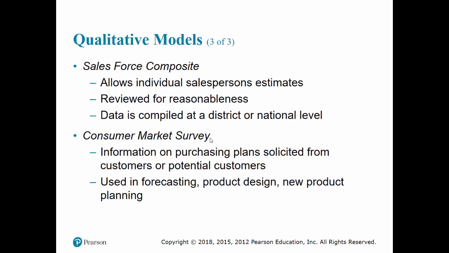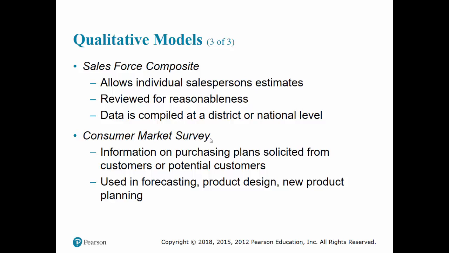Sales force composite is based on the idea that it is the salespersons who will have good and accurate knowledge about what the market will be like in the future. So allow each individual salesperson to contribute their best estimate for how much the sales will be, and then those estimates are reviewed for reasonableness.